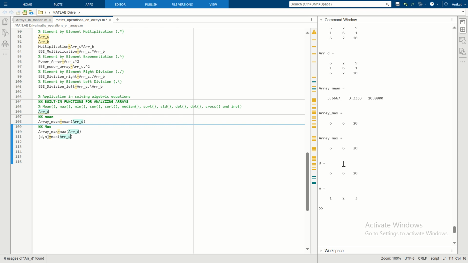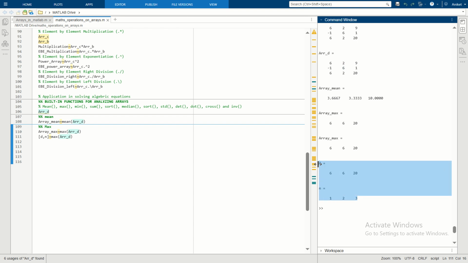So you can see here it is also giving the number. This element is the first element in this row, this is the second element in this row, and this is the third element in this row. So you can get the element numbers from the rows of this matrix as well.